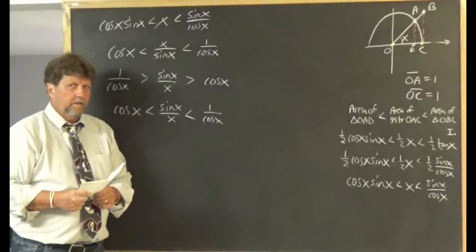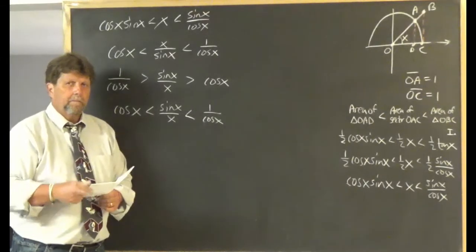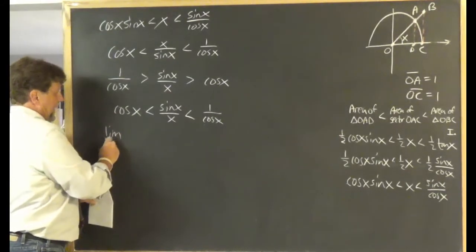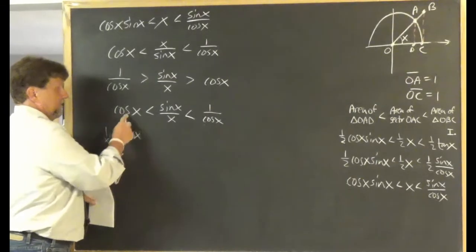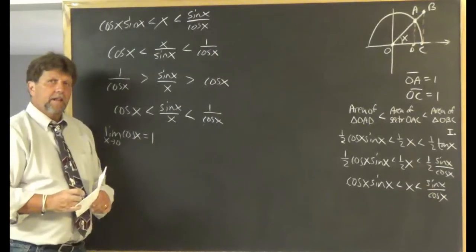And now let's do some limits. The limit as x heads off to 0 of cosine x, direct substitution gives us that limit as 1.